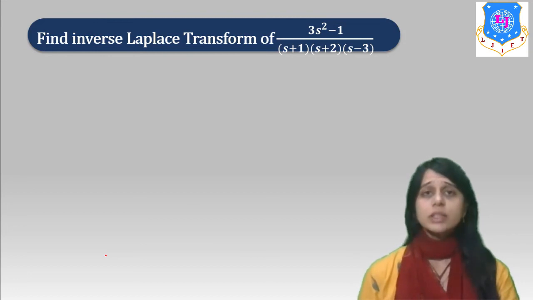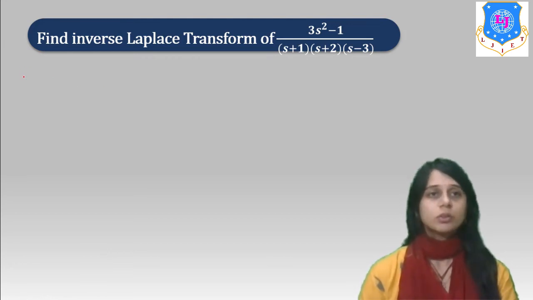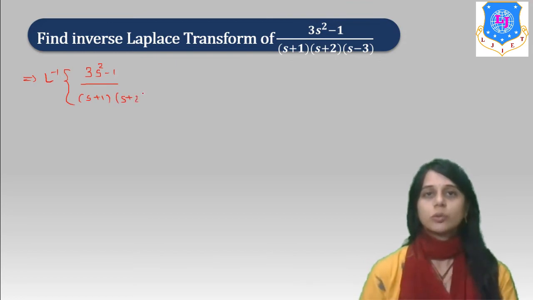Find the inverse Laplace transform of (3s square minus 1) upon (s plus 1)(s plus 2)(s minus 3). So, first of all, Laplace inverse of (3s square minus 1) upon (s plus 1)(s plus 2)(s minus 3). We take A upon s plus 1, B upon s plus 2 and C upon s minus 3.